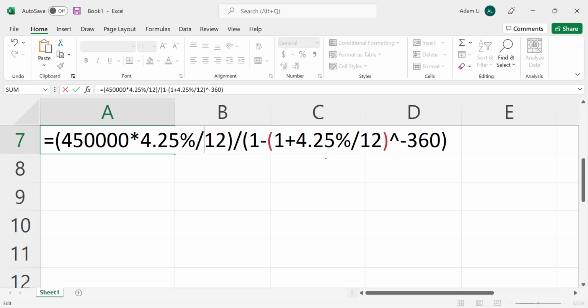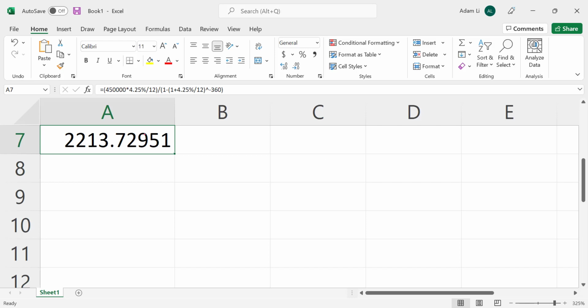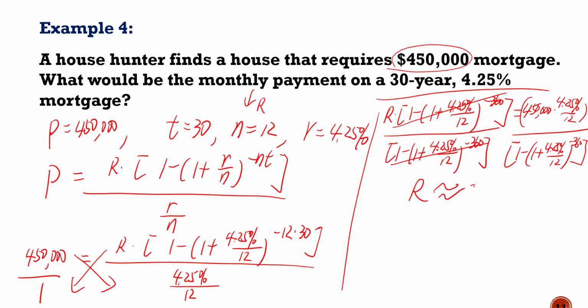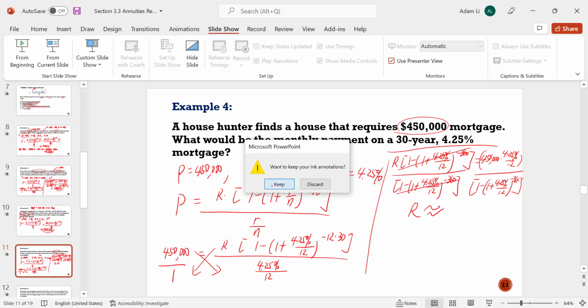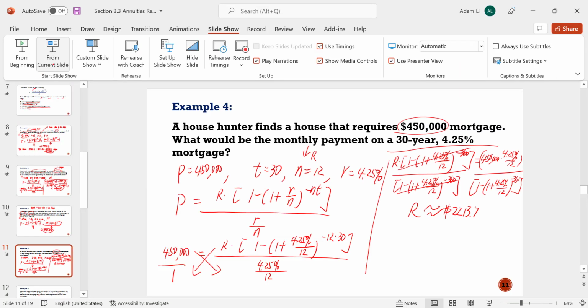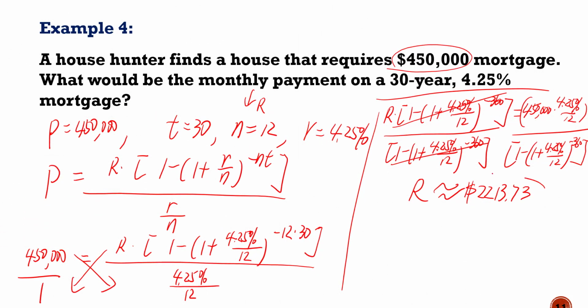Then once you enter, you should get a result, and it turns out to be $2,213.73. So these are the regular payments required for this particular mortgage.